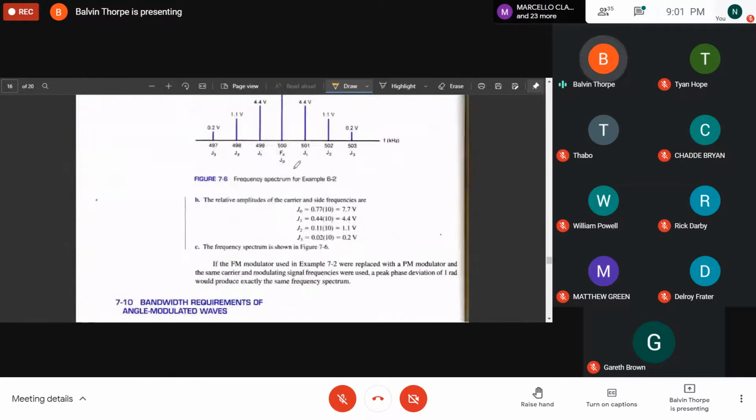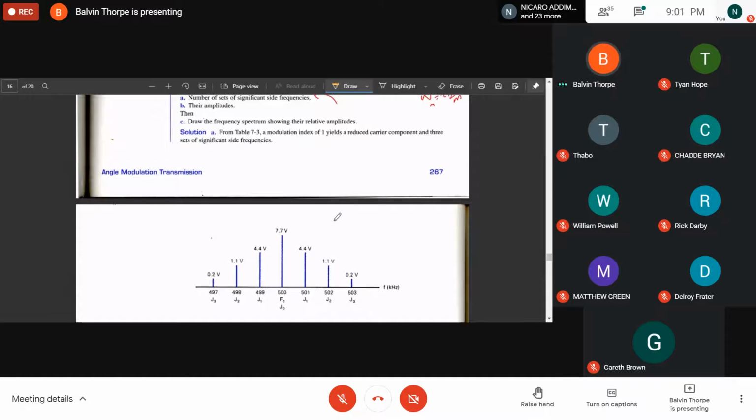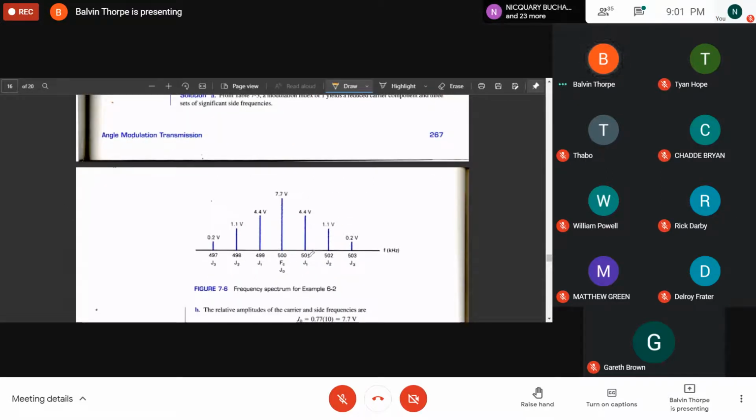So that's why we get this, ladies and gentlemen, as our frequency spectrum. We know that this is FC, which is at 500 kilohertz. And at 500 kilohertz, we're going to have two sets of side frequencies, a lower side frequency and an upper side frequency.